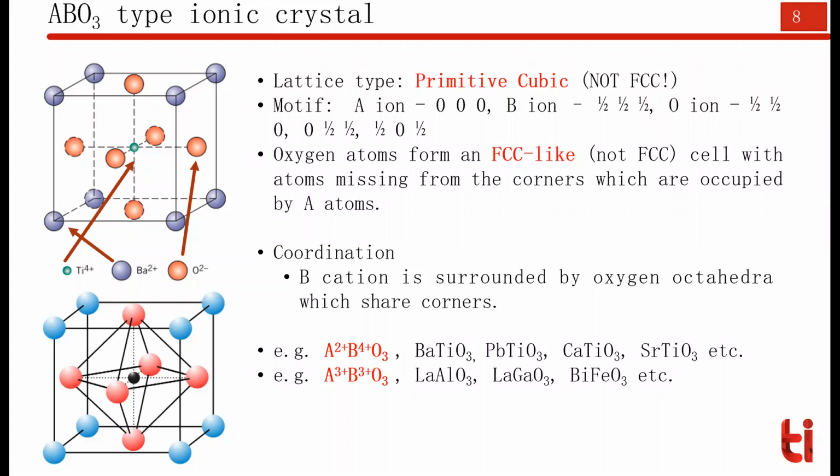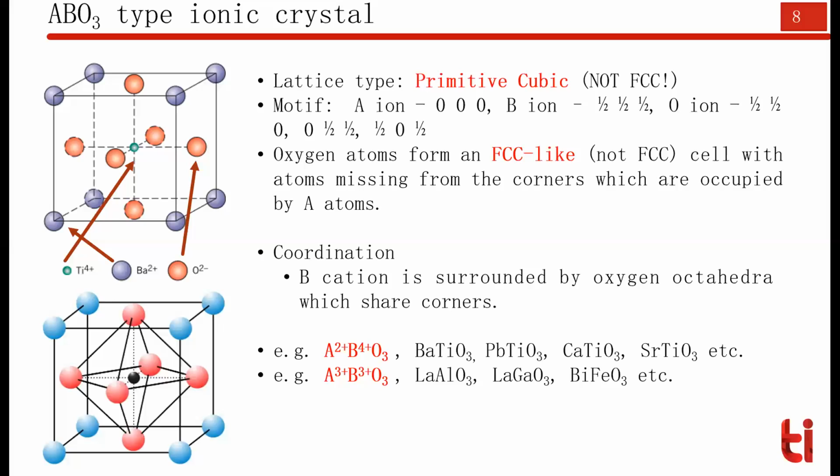Remember, oxygen atoms form an FCC like structure. It is not precisely the FCC structure, as I have already explained, because the corner sites and the face centered sites are dissimilar. So oxygen only sits at the face centered position and not at the regular lattice sites making the corner of the unit cell.